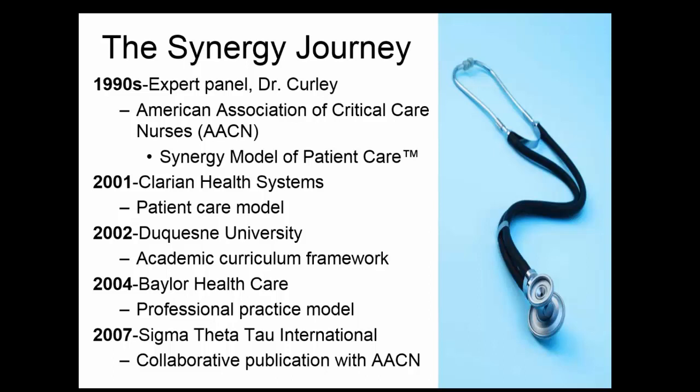So she joined forces with the American Association of Critical Care Nurses, the AACN, and they used an expert panel and the Delphi process to flesh out 8 patient characteristics for critical care patients and then 8 nurse characteristics or competencies to meet those needs. This was trademarked. The original model was called the Synergy Model of Patient Care, and it was trademarked by the AACN.